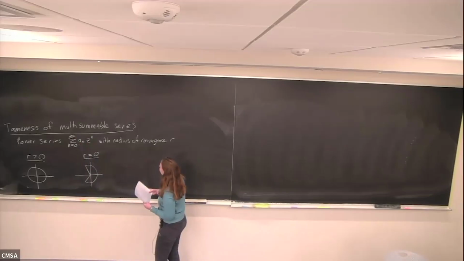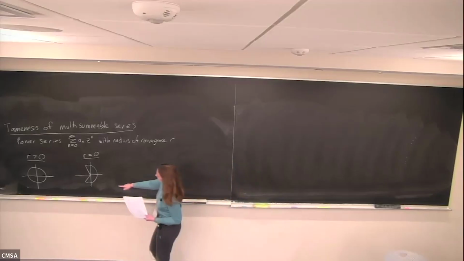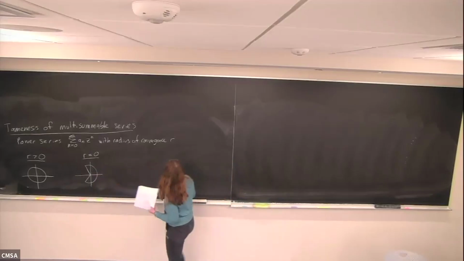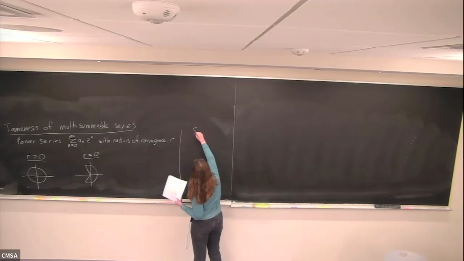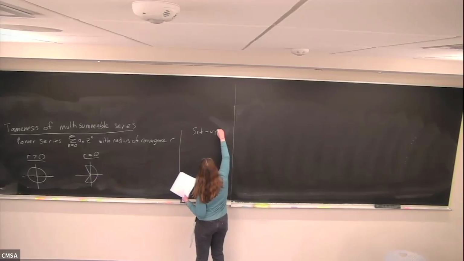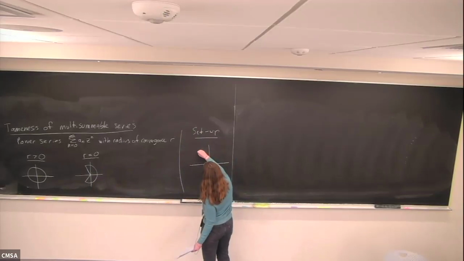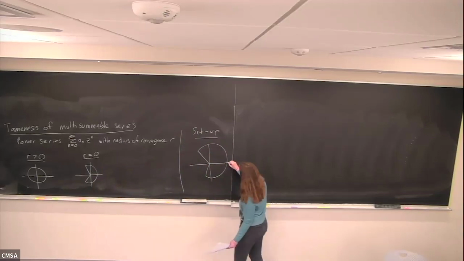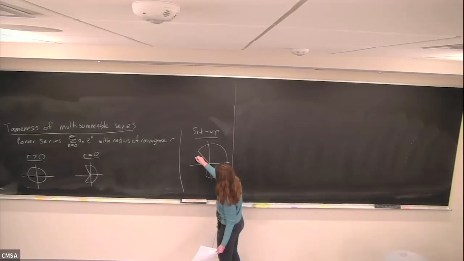So I want to talk about multisummable series, or really, about the functions that they sum to. So let me introduce some notation. In a sector like this, I'll write capital R for the radius, so R is some number greater than 0.